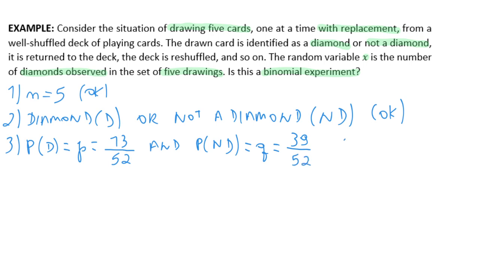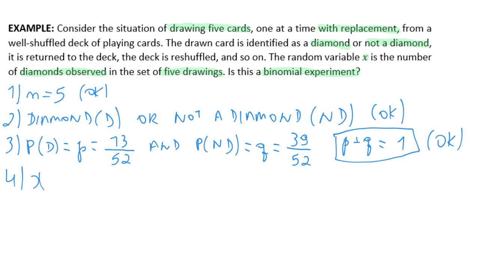And we also have P plus Q equals 1. So property 3 is okay. Number 4. X is the number of diamonds recorded, and X can be 0, 1, 2, 3, 4, and 5. So property 4 is also okay.